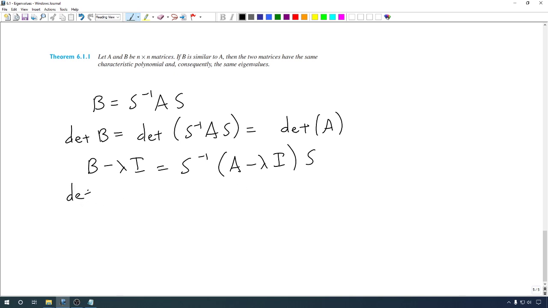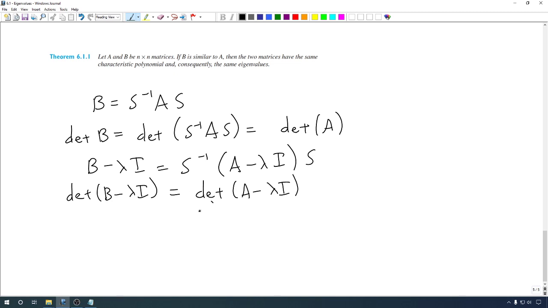That means the determinant of B minus lambda I, which is the characteristic polynomial of B, is the same thing as the determinant of A minus lambda I, the characteristic polynomial of A. So they definitely have the same characteristic polynomial, which means they have the same roots, and so they have the same eigenvalues.